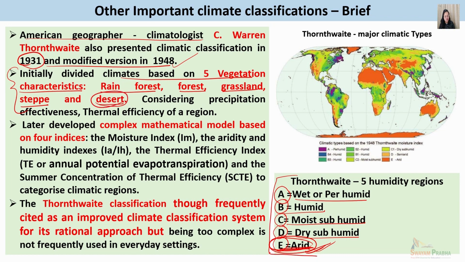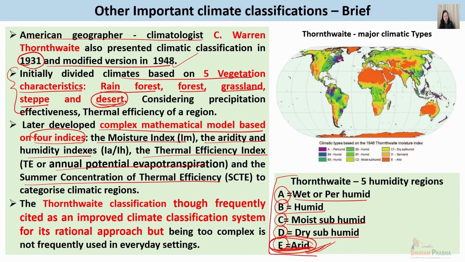But later on in 1948, he completely revised his scheme and developed a complex mathematical model based on 4 indices. First, the moisture index; second, the aridity and humidity index; third, the thermal efficiency index or the annual potential evapotranspiration; and fourth, the summer concentration of thermal efficiency.